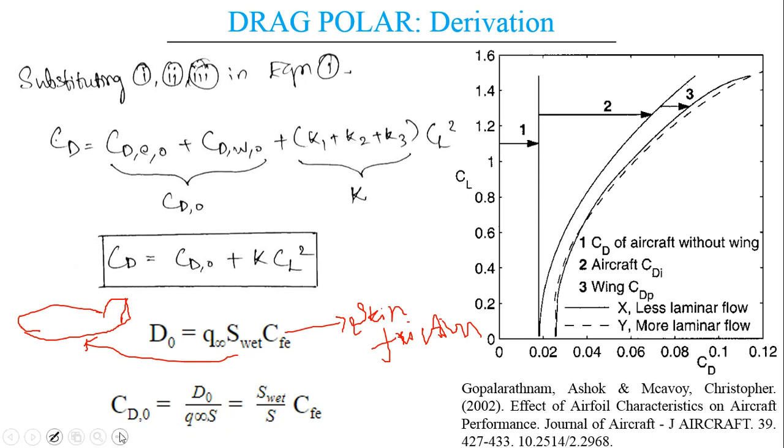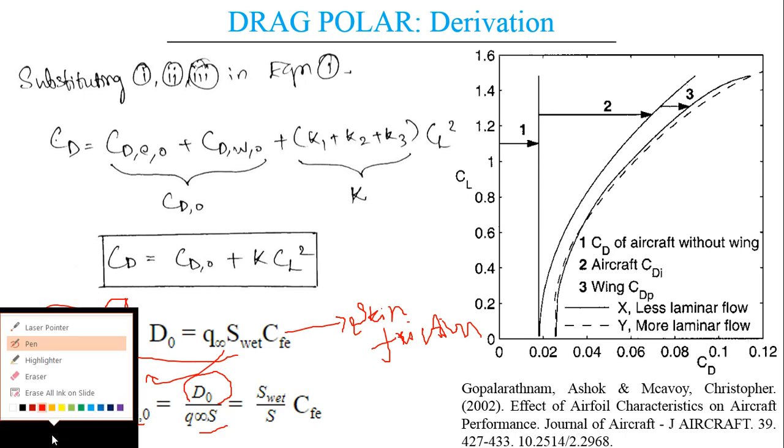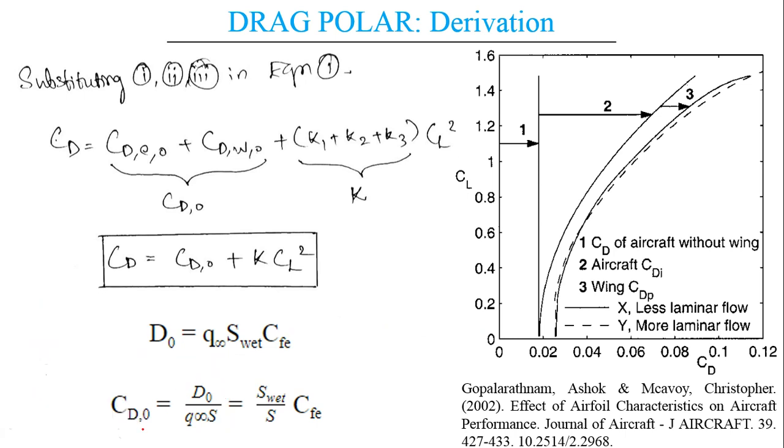So we know that the drag coefficient is the ratio of the drag. So CD naught is equal to D naught by QS, the ratio of drag by the other forces. So we are taking these forces to the denominator. When we do that, we will obtain the CD naught value.